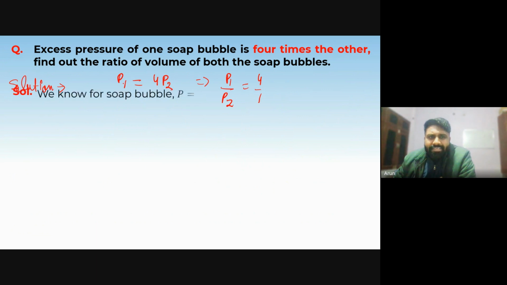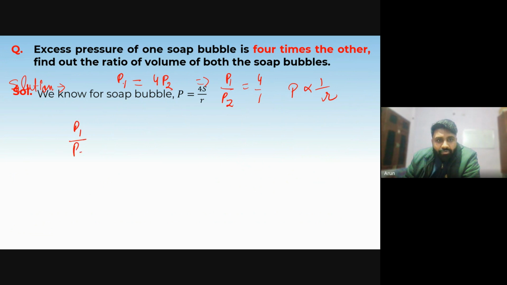So it is very simple because we know that the pressure will vary according to this expression. So P1 by P2 will be an inverse relation of R2 by R1. Okay, so R2 by R1 is 4 here. Now we have to take the ratio of volume, so it is V1 by V2. We know that V is equal to 4 by 3 pi R cube.